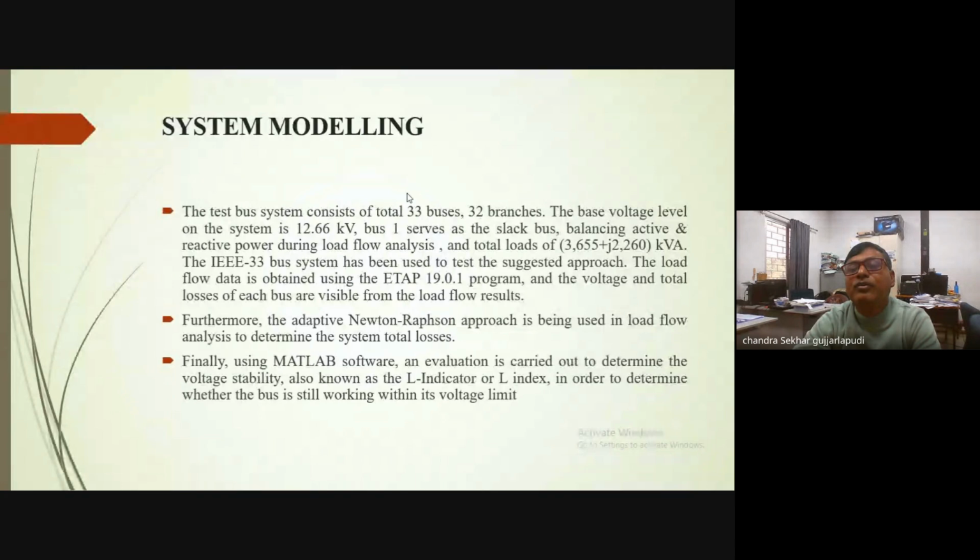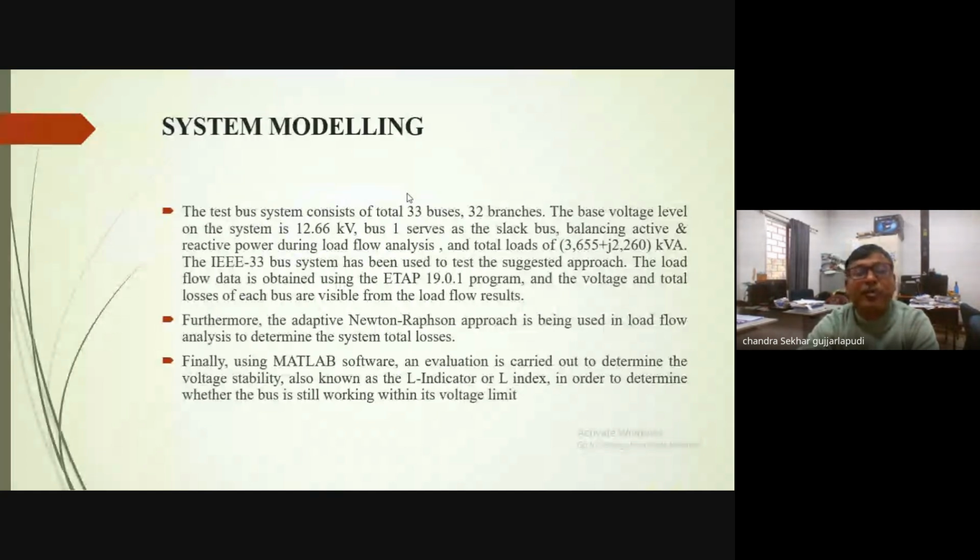So now, using ETAP, we have made a load flow analysis, and we have utilized the Newton-Raphson method. After doing the load flow, we have calculated the L indicator.